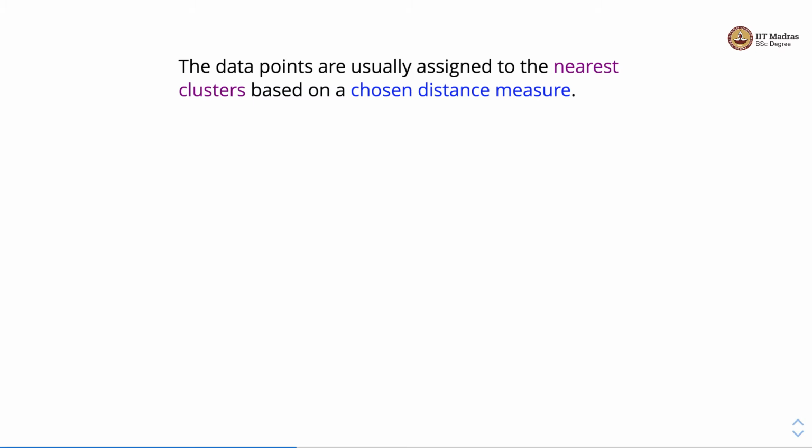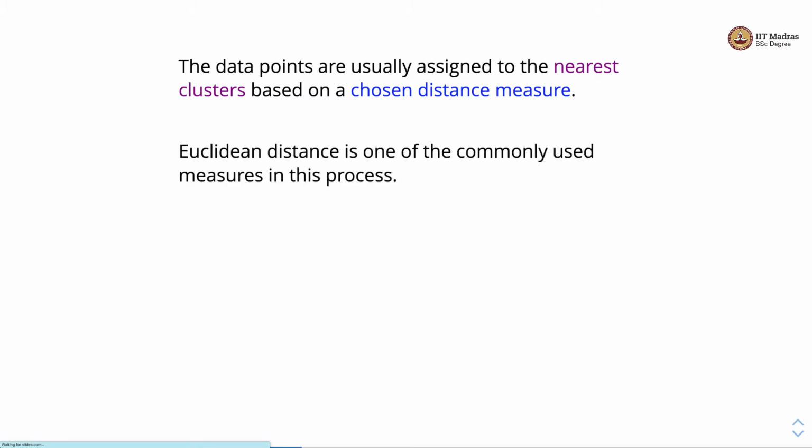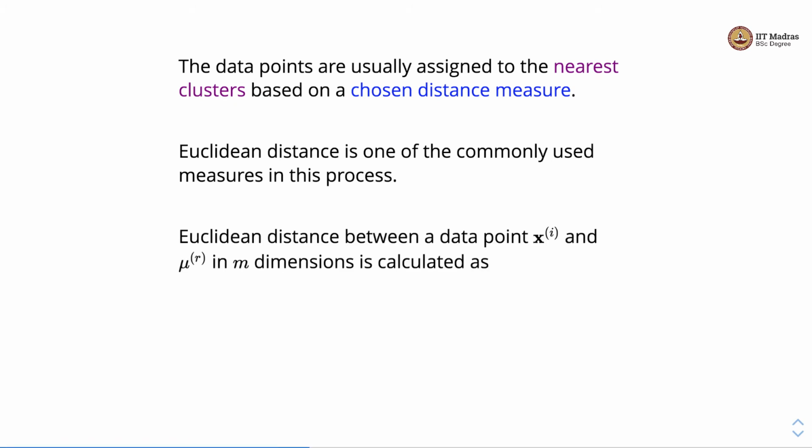The data points are usually assigned to the nearest clusters based on a chosen distance measure. Euclidean distance is one of the commonly used measures in this process. The Euclidean distance between a data point x_i and cluster center mu_r for rth cluster in m-dimensional space is calculated as follows.